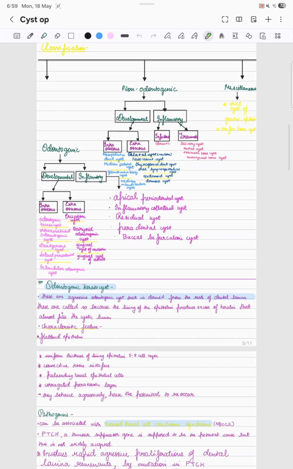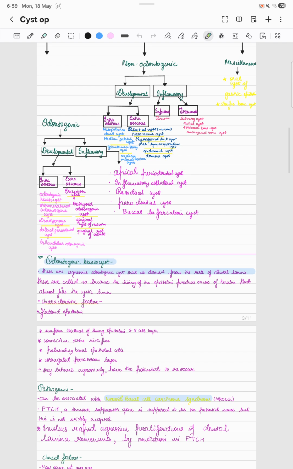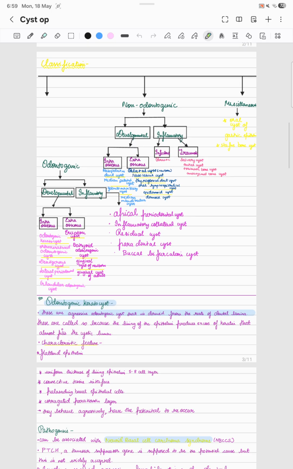Now extraosseous is BEG: B botryoid cyst, E eruption cyst, G gingival cyst of newborn and gingival cyst of adult. Now in non-odontogenic we have developmental intraosseous: nasopalatine duct cyst and median palatal cyst on your palate, then globulomaxillary cyst on the maxilla, and median mandibular cyst on the mandible.